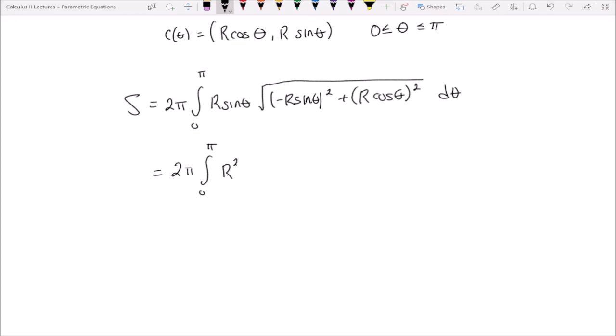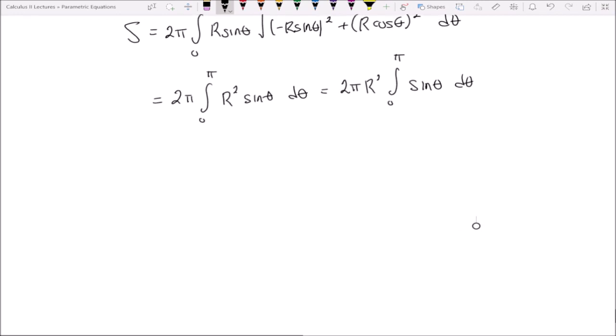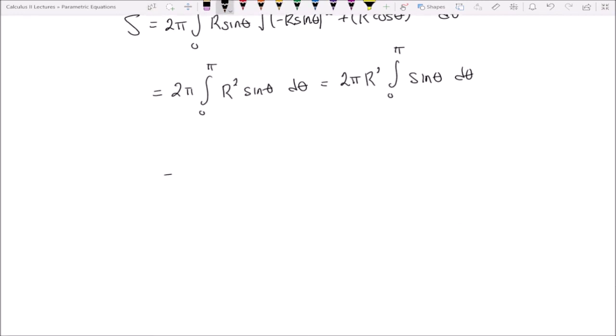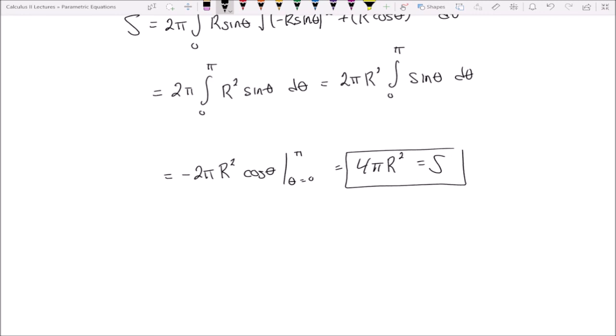This is going to give us r squared sine of theta d theta. So 2 pi r squared times the integral from 0 to pi of sine theta d theta. Once we evaluate it, we get 4 pi r squared, which is the surface area of a sphere.